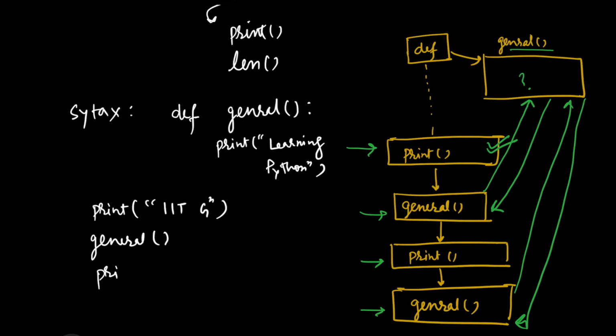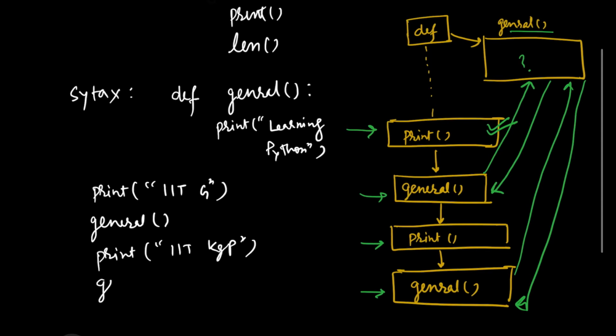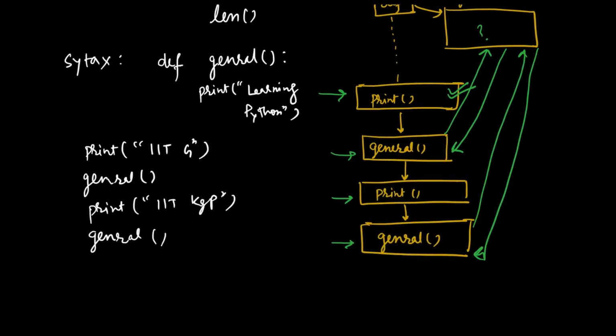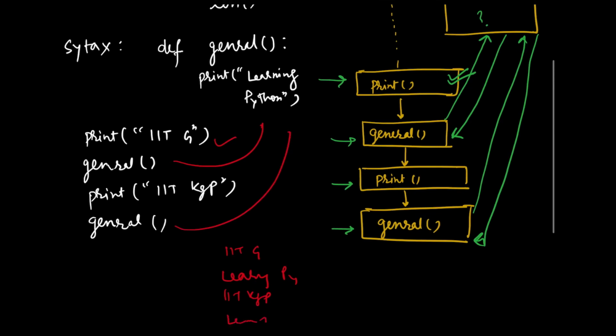After that again print IIT KGP, and then general, again a function call. So what will be the output? First IITG and then learning Python, because after that we called the function, then again IIT KGP, and then we call the function again, so learning Python. This will be the output.